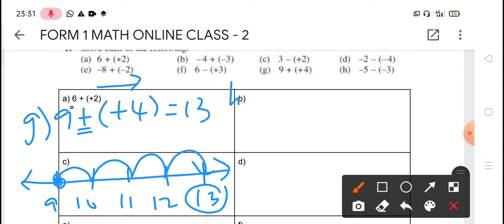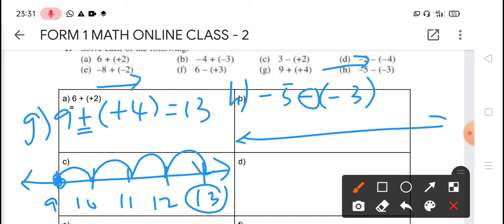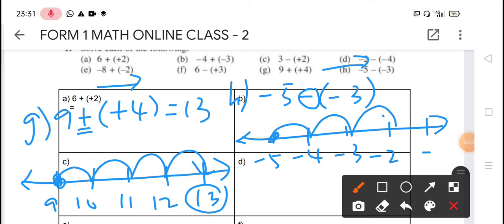Lastly, question H. We have negative 5 minus negative 3. Minus, 减法就是反方向了。 If minus negative, then we move to the right. Negative 5, negative 4, negative 3, negative 2, negative 1. We start from negative 5, move to the right 3 steps, 1, 2, 3. So we get the answer negative 2.